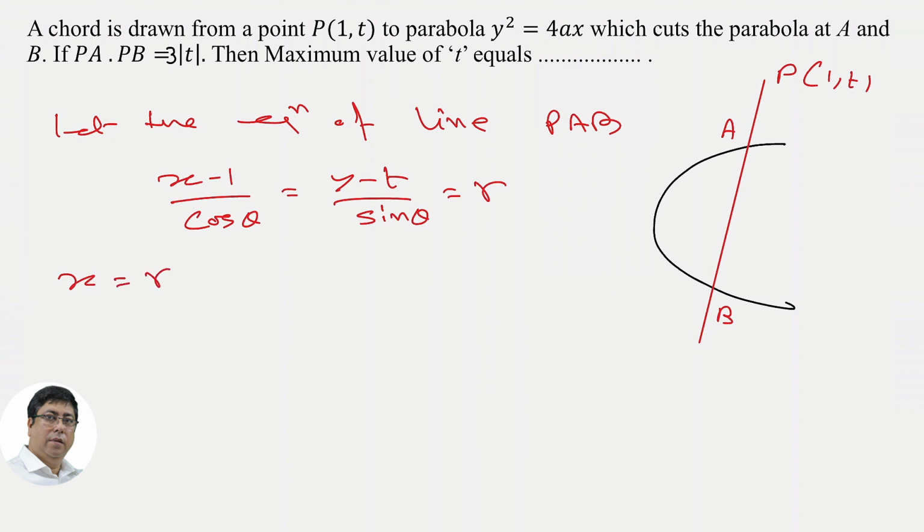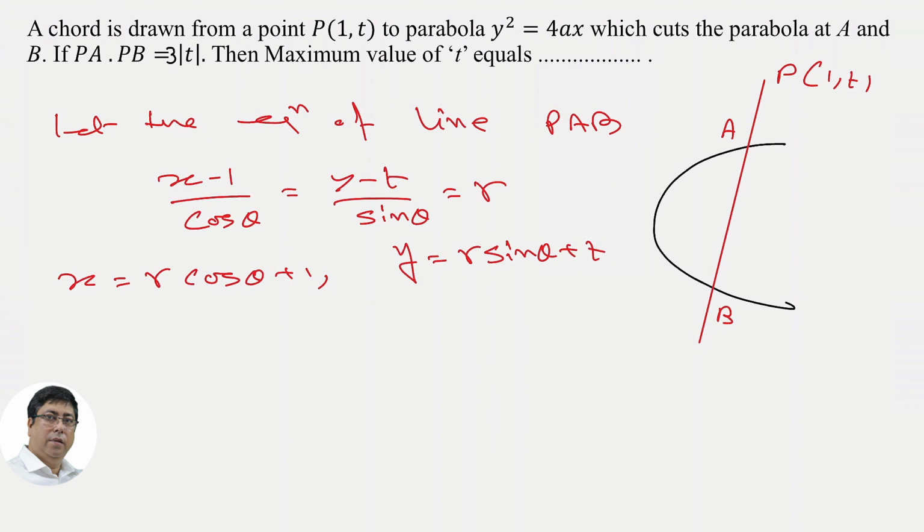Therefore, x equal to r cos theta plus 1 and y equal to r sin theta plus t. Okay. This line will meet the parabola at A and B.